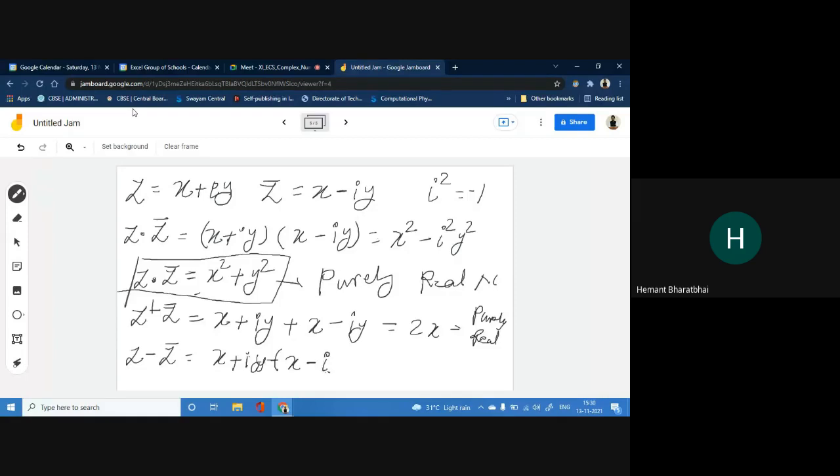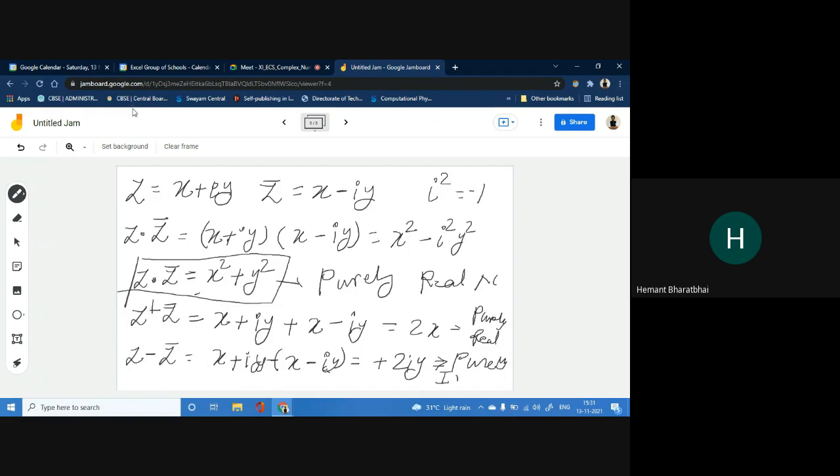Now, if I subtract the conjugate from a complex number, what will I get? So z is my x plus iy, minus z bar, which is x minus iy. Now when I open the bracket, this minus minus will become plus, and this x will get cancelled, and iy and iy will get added.